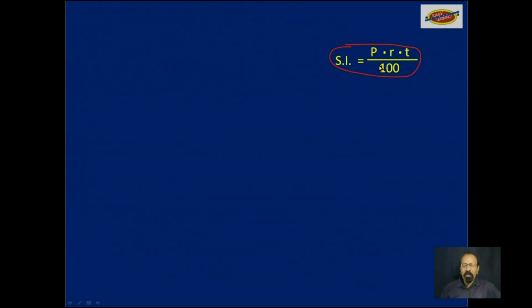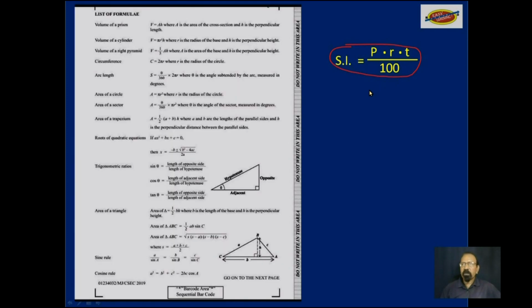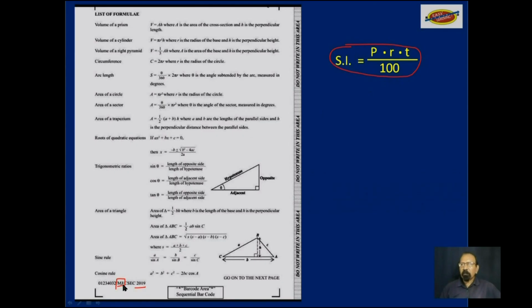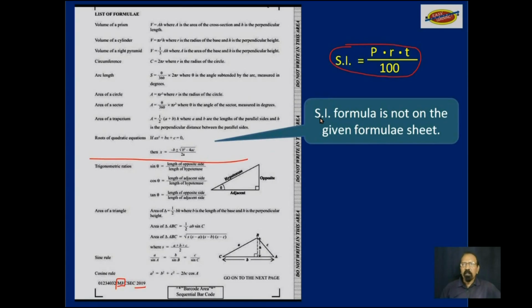Now, I did tell you that you would be given a formula sheet with the formulae that you may have to use. Now, this is the formula sheet that I have here from 2019, May, June. You may not be able to see that clearly, so I will divide it in half and show the top half and the below half. The simple interest formula is not on this formula sheet.